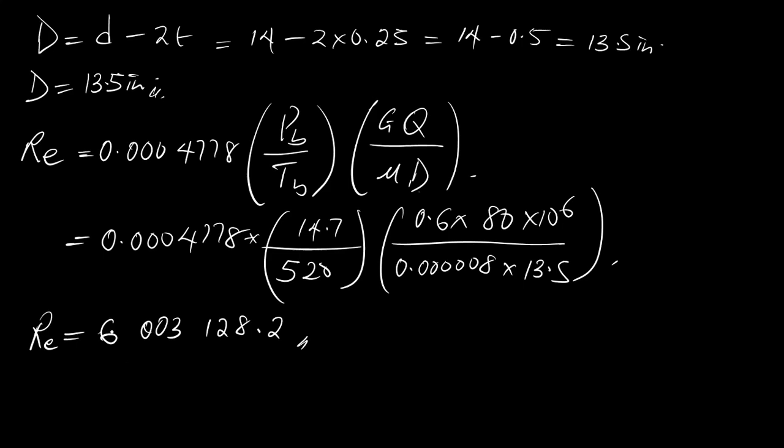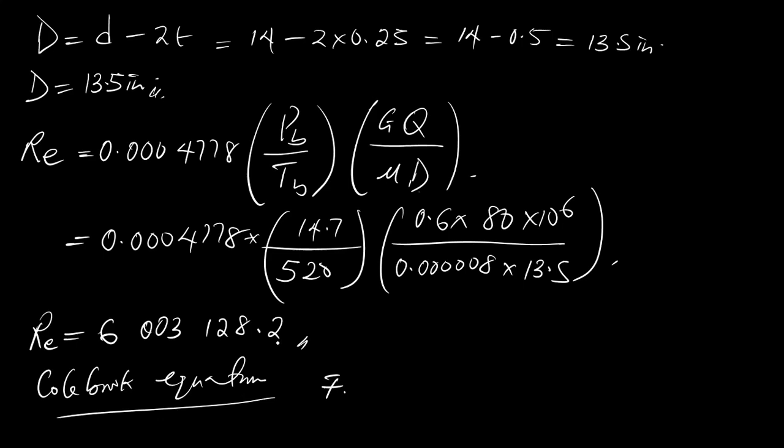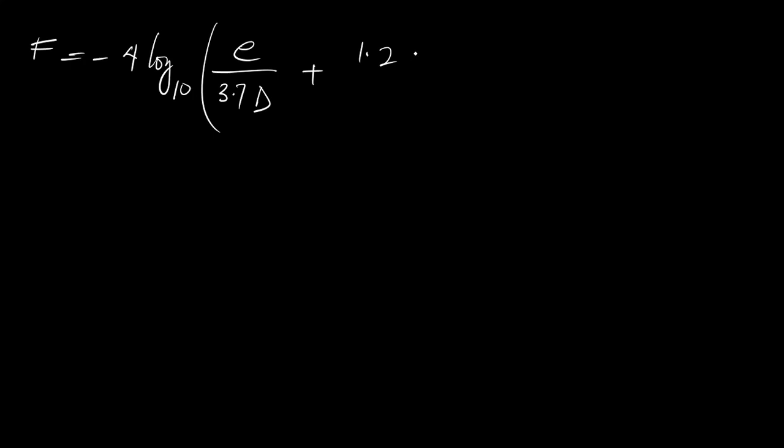Now, since we have gotten that Reynolds number, we need to use the Colebrook equation to find our transmission factor F. So to get our transmission factor, we now use the Colebrook-White equation, which is F is equal to minus 4 log base 10 bracket open roughness divided by 3.7 divided by internal diameter plus 1.255 times F divided by Reynolds number.